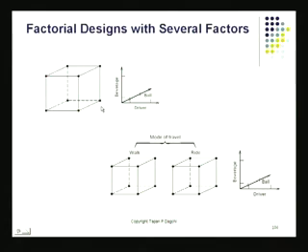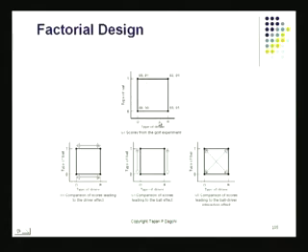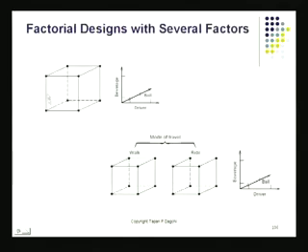So instead of the previous one, which had only 4 trials, now I end up with 8 trials. But the advantage is now I can study not only the main effect of 3 variables, that is ball type, driver type, and the drink I use when I'm playing golf, but also their interactions. Those also I can figure out if I run these 8 trials.